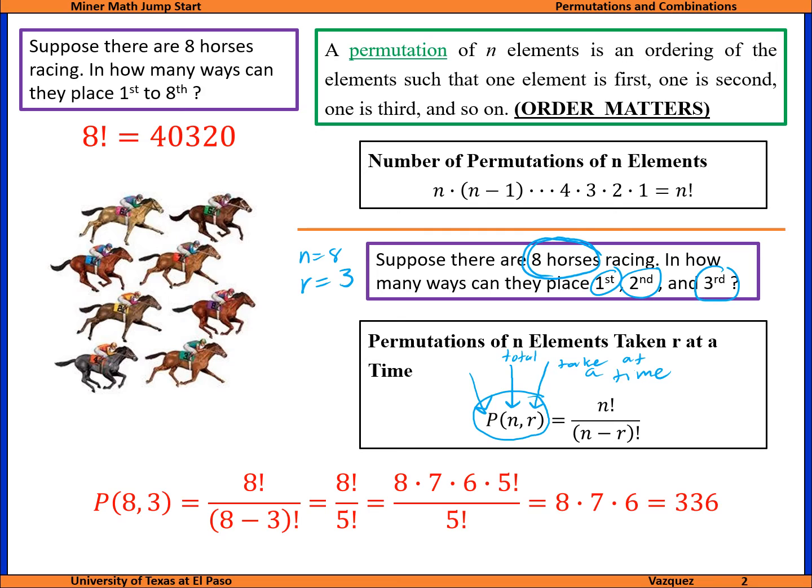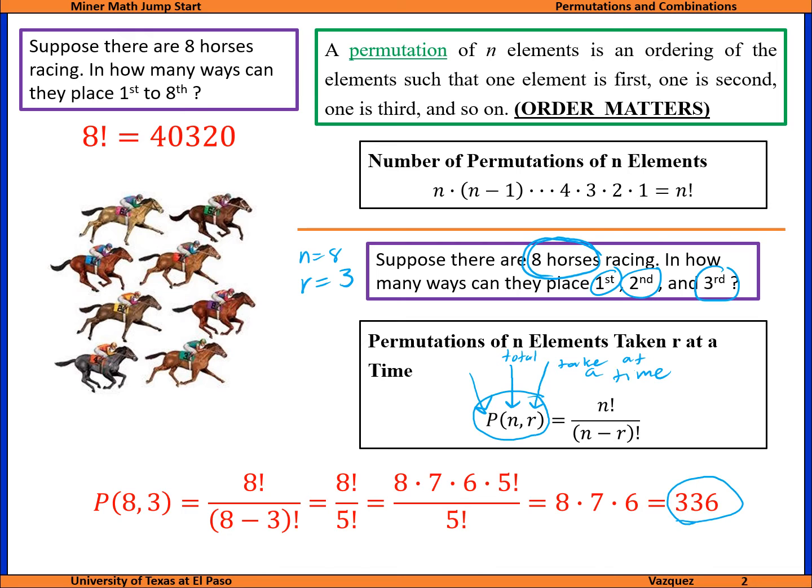If you don't remember what factorial means, it just means 1 times 2 times 3 times 4 up to that number. So 8 factorial is 8 times 7 times 6 times 5 times 4 times 3 times 2 times 1. So how many different ways can I place first, second, and third? A total of 336. So the number's a lot smaller.